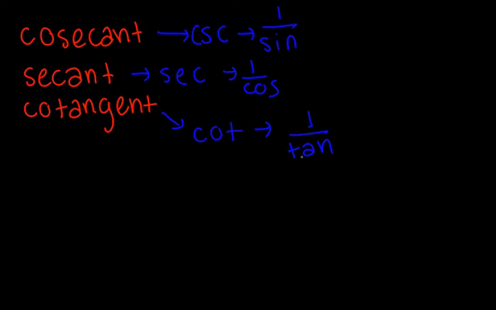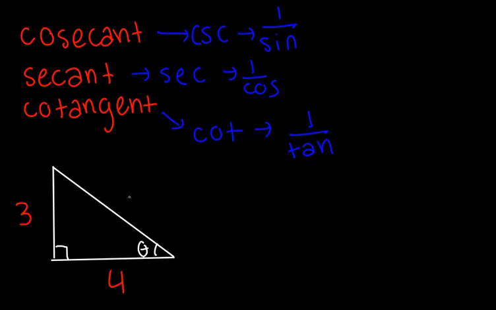And we can use them to solve many, many problems. Say we had to solve for the sine of the angle really quickly. So we have our right triangle here, and we have our angle theta, and let's just assign these values: 3, 4, and 5.